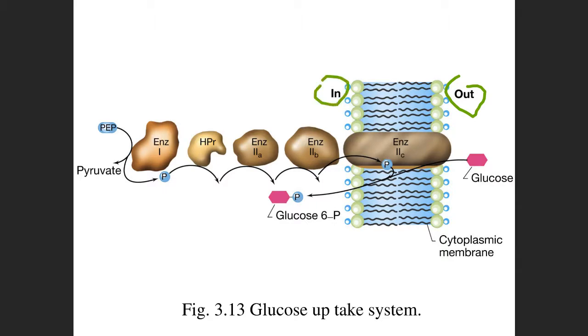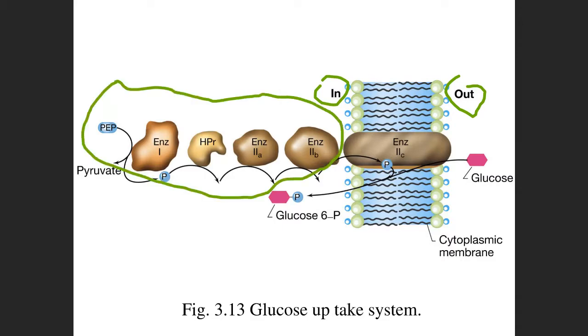And these are the enzymes all coupled together. So this can also be called the group translocation mechanism. This is how glucose gets taken into the cell, and this is very, very common.